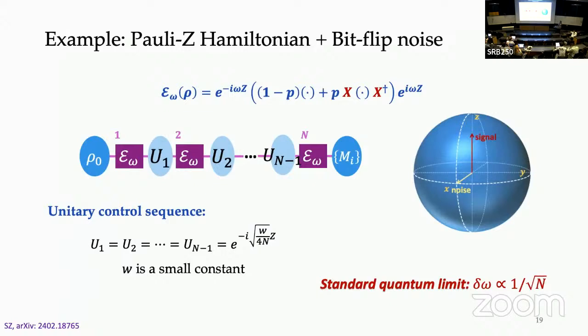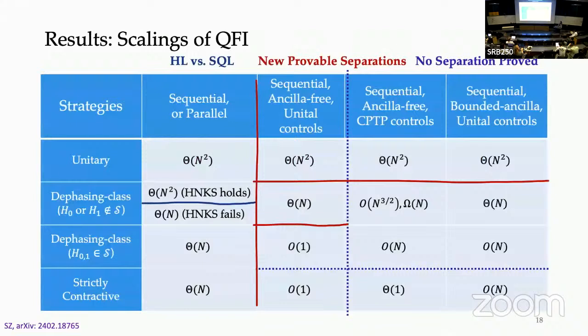Basically it just tunes the angle of the rotation to a specific direction. So this is for the dephasing class channels, right? Yeah. For contractive channels, I show that it is at most constant. So basically any type of sequence does not allow you to achieve the Heisenberg limit. Oh, I see. Okay. Thank you.